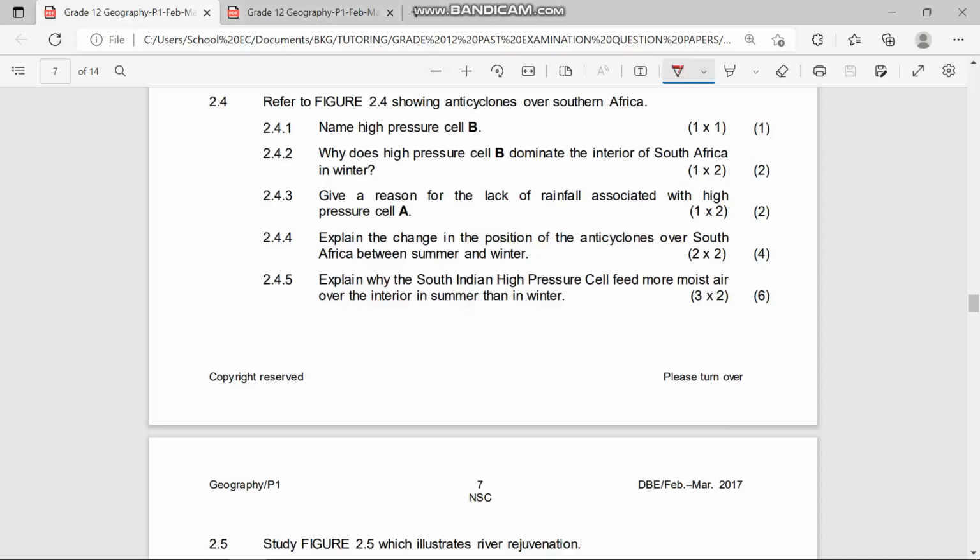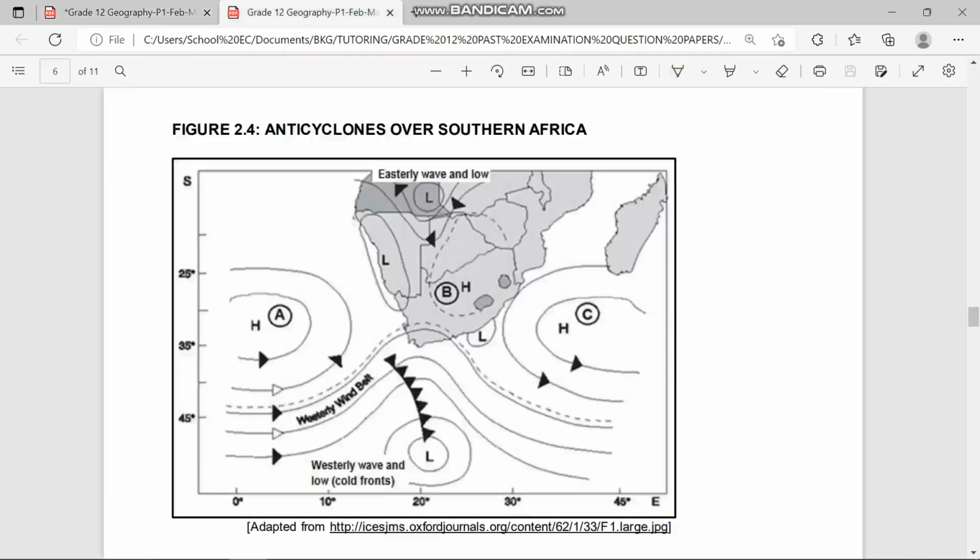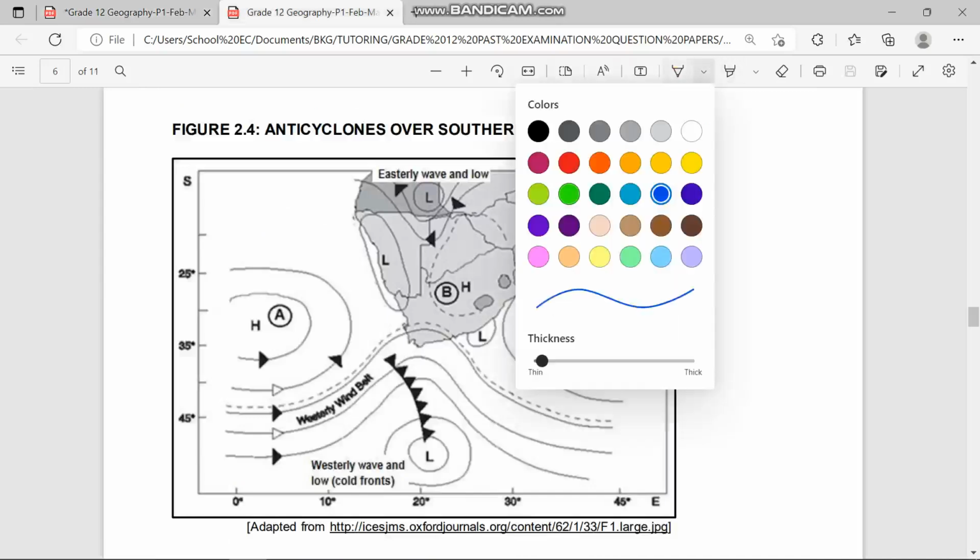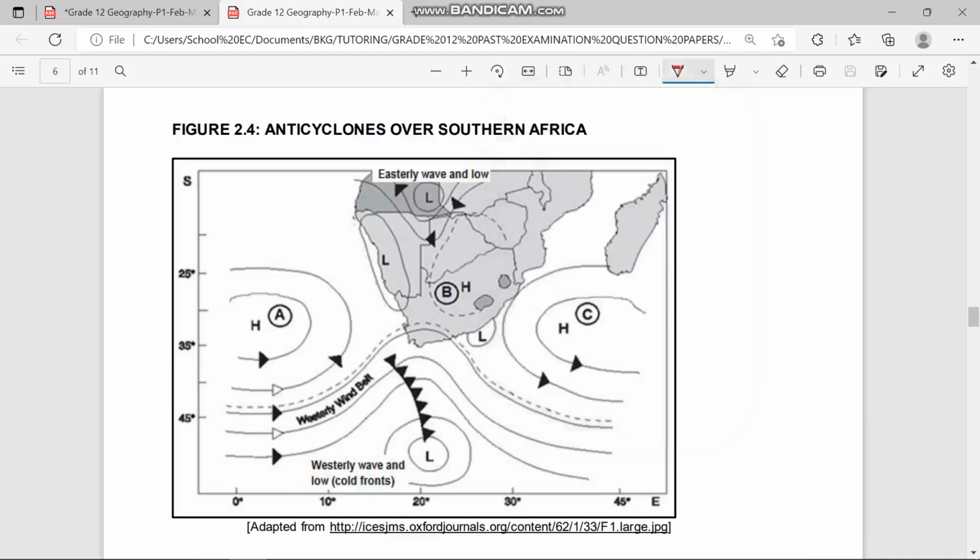Question 2.4 says refer to figure 2.4 showing anticyclones over southern Africa. This is our annexure, this is our diagram that we are going to be looking at to answer our questions. So we have three anticyclones.